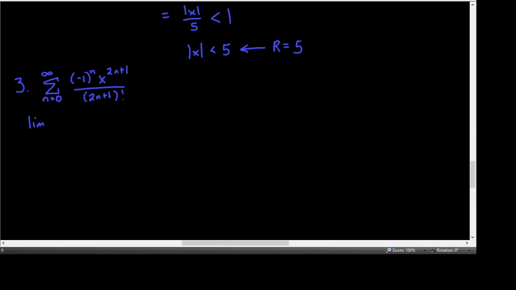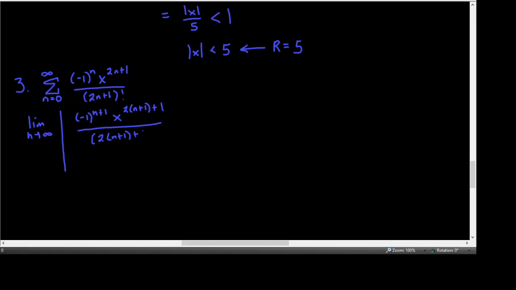The ratio test, so we'll take the limit as n approaches infinity of the absolute value of that expression after sigma with n plus 1 substituted in for every n. Make sure you're very careful in doing that substitution. That's what it should look like. And in here, take out the n and put n plus 1 in its place.